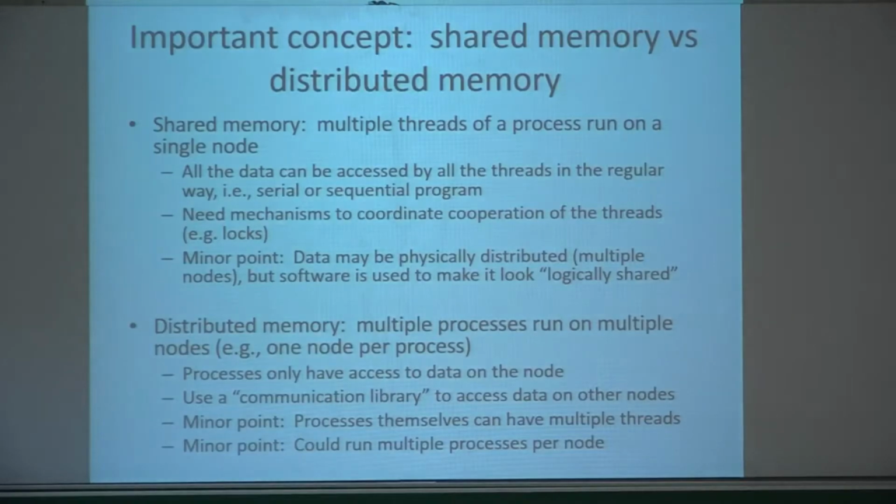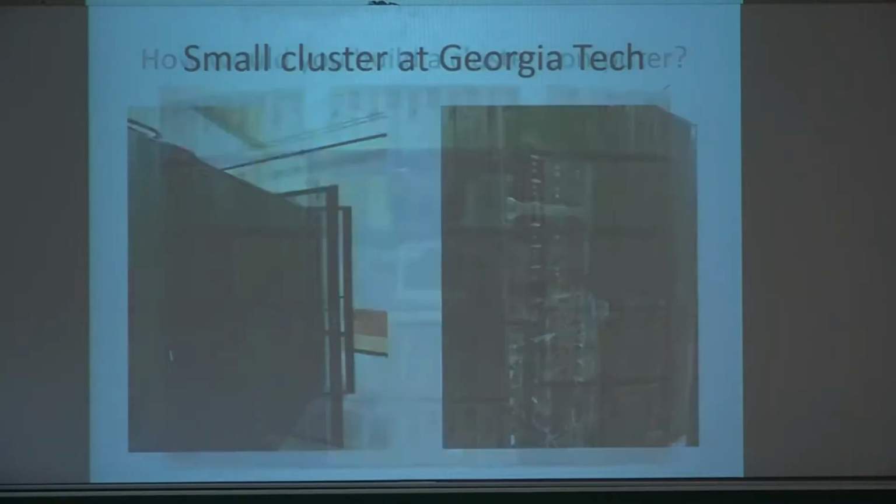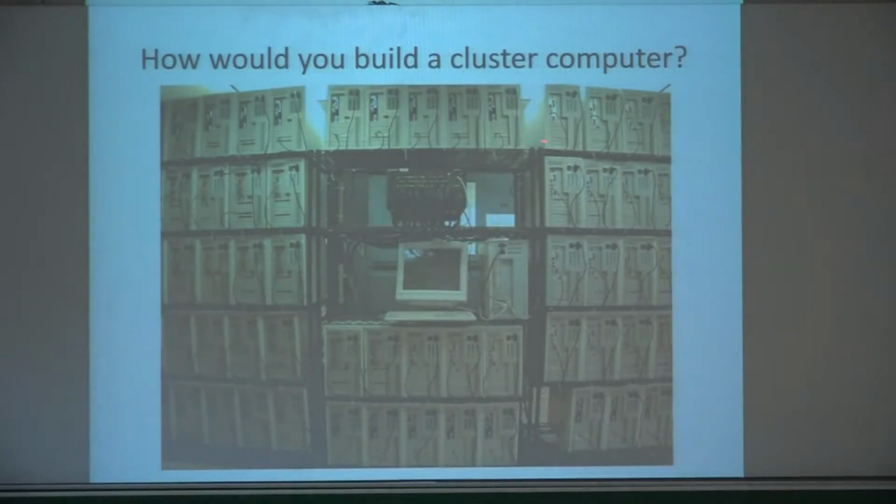Okay, so an important concept, so important I actually say important concept on the slide, and this really helps you organize your thoughts about parallel computing, is that there's two main types, and the main types depend on whether or not memory is shared. In the not shared case, it's called distributed memory. Okay, so in this case, there's a memory in each one of these boxes, right?